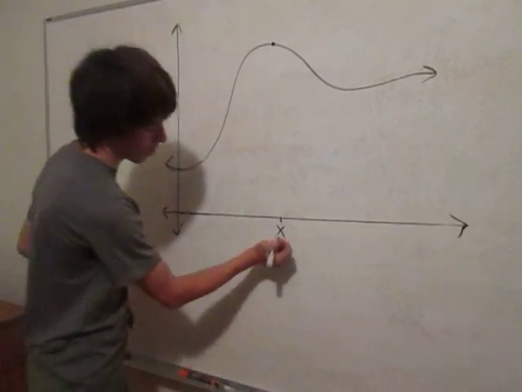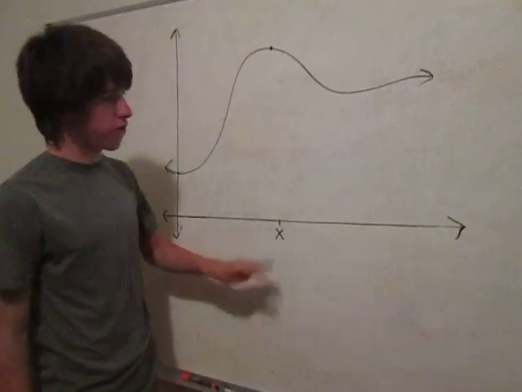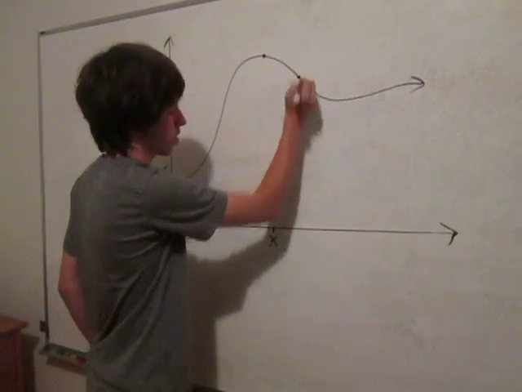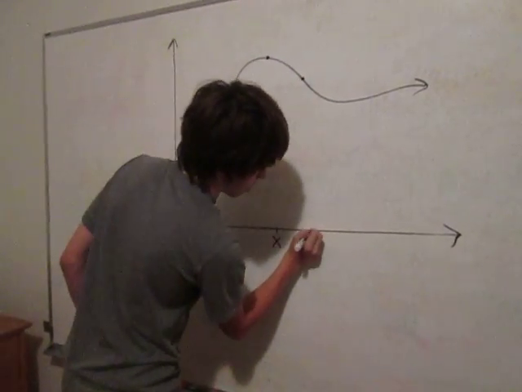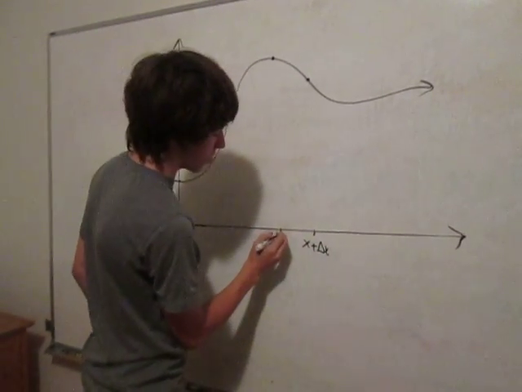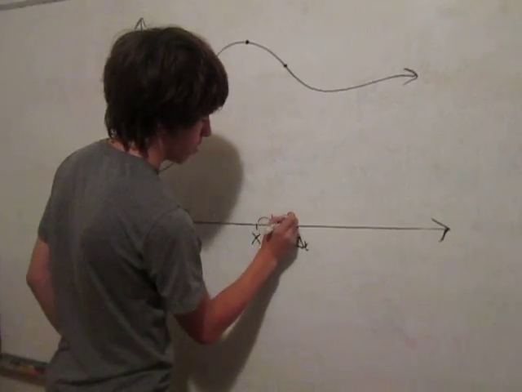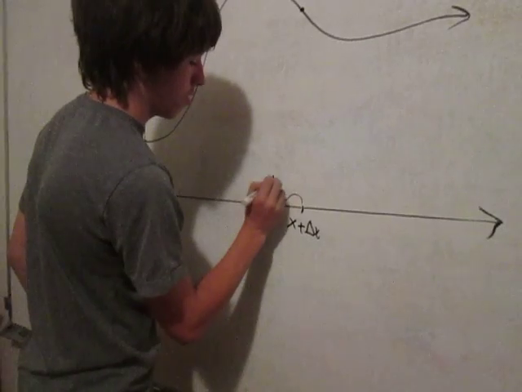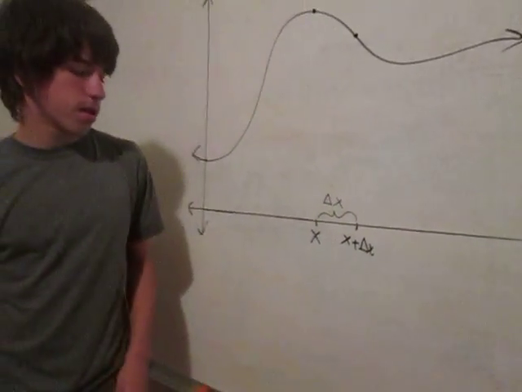I'm going to denote it without being curved at all, so that we can tell the difference. And we have another point over here. This is x plus delta x. This is a little delta x further. This is delta x, this little space here. Some change in x.